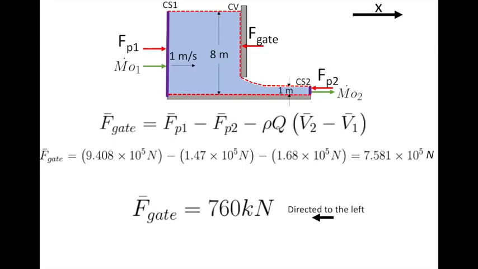As I pointed out at the beginning, I made an assumption, and I was very confident because of this particular configuration, it's quite obvious that the force must be acting from the right to the left. It's directed to the left. So we always want to indicate that in our answer as well. So I've got a force that my gate is applying to my control surface at 760 kilonewtons, directed towards the left.